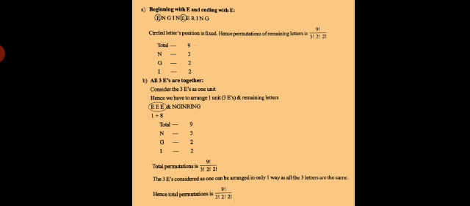So E becomes 1 unit plus 8 makes 9, and the repeated letters will be written in the denominator. I hope you are understanding this. The 3 E's considered as 1 can be arranged in only one way, as all 3 letters are the same. Therefore, the total permutations is 9 factorial upon 3 factorial into 2 factorial into 2 factorial.